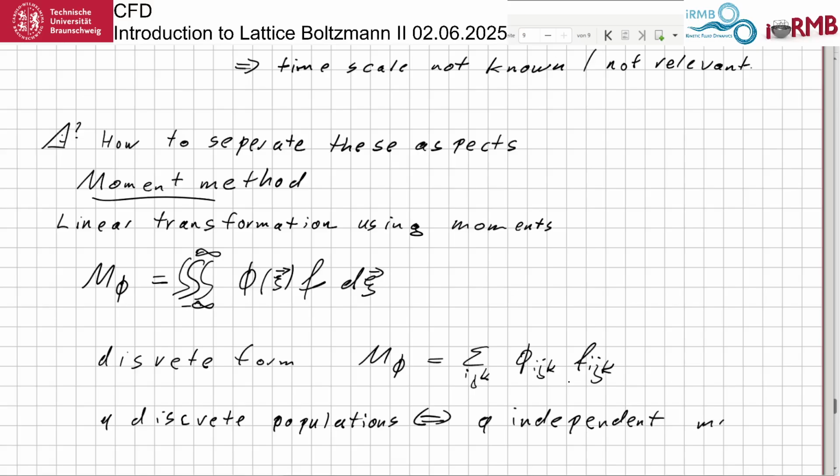Independent is important because you can define an arbitrary number of functions phi, so you have infinitely many moments, but you only have Q independent moments.